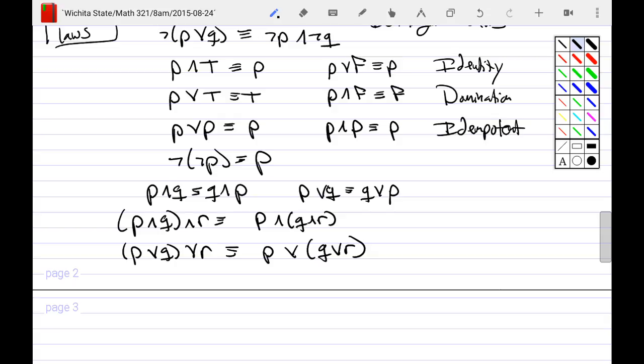You can rearrange it however you want. The big deal is you have to do two at a time. You can't do all three at once. P and Q and R without parentheses really doesn't make sense because you're asking, who goes first? But because it's associative and commutative, it doesn't matter. So group however you want and you'll get the same answer, because I can flip it and rearrange it under association and there wouldn't be any problem. And that's why, if these two things happen, you can drop parentheses.